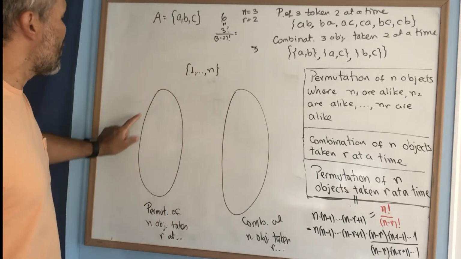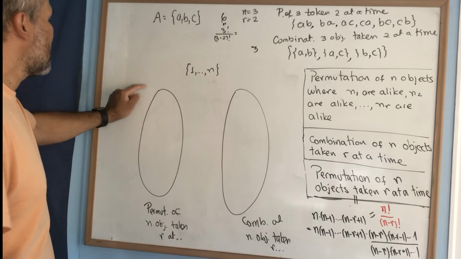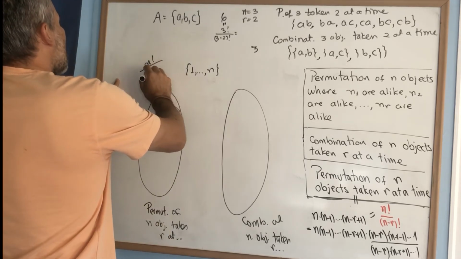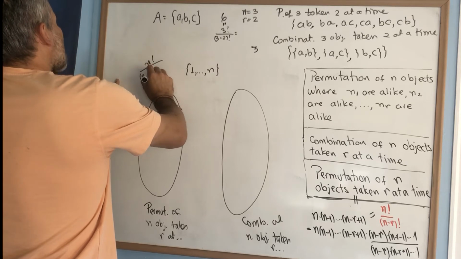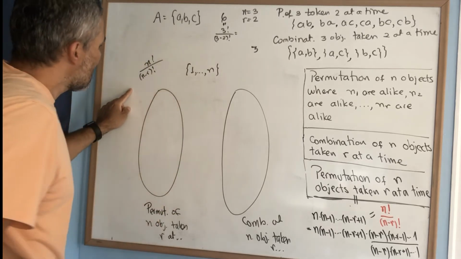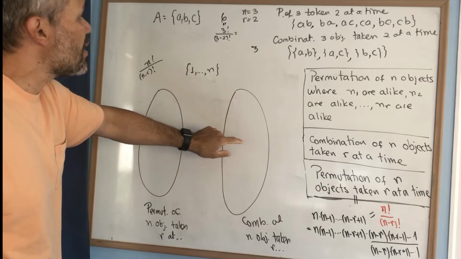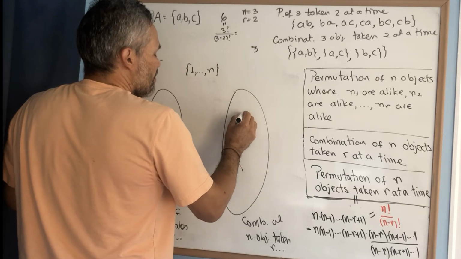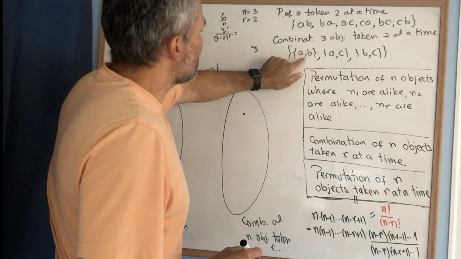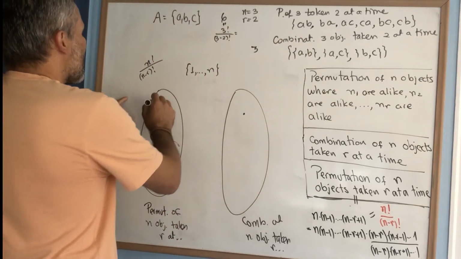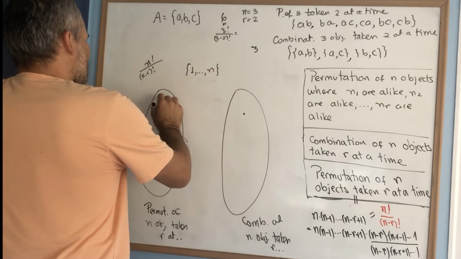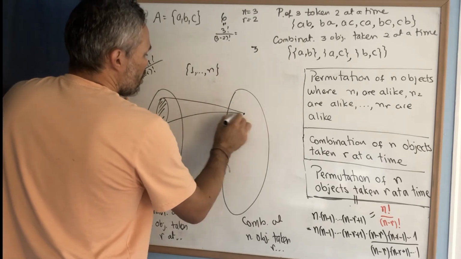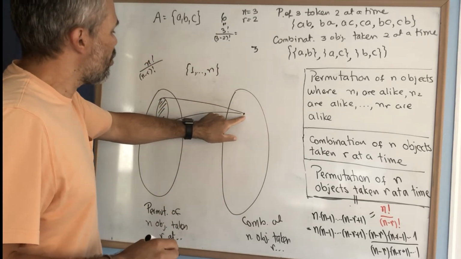Then we have this situation. We know how to count this. The number of elements in this group is n factorial over n minus r factorial. But we don't know how to count this. But we know that there is a relation for each element here. For each combination, we have a group of permutations that goes to the same combination.